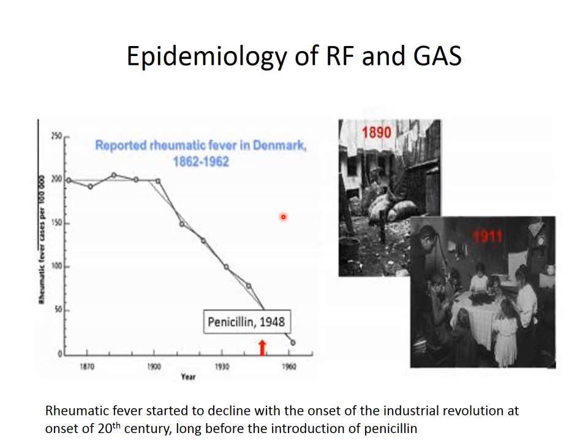Starting with the Industrial Revolution in the early 1900s, this incidence started to drop steadily until the 1960s. And even it started to drop before the introduction of penicillin, for a lot of reasons we see in these two pictures. After the introduction of penicillin, it continued to drop until it became negligible in the country of Denmark.